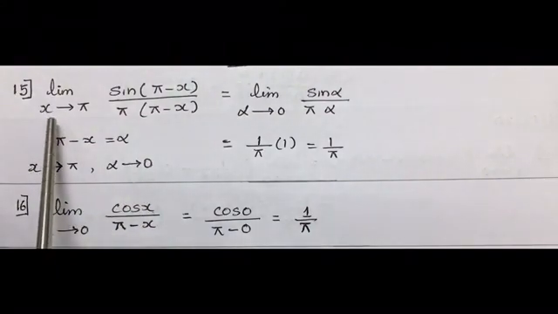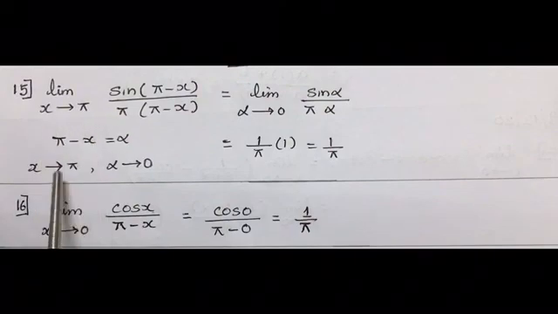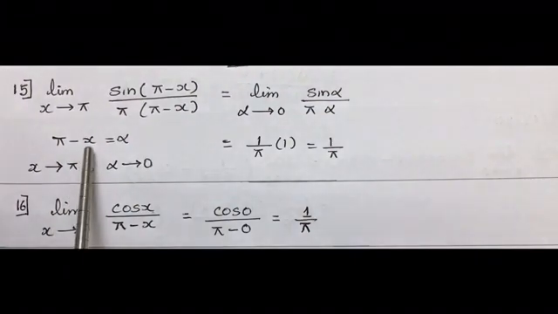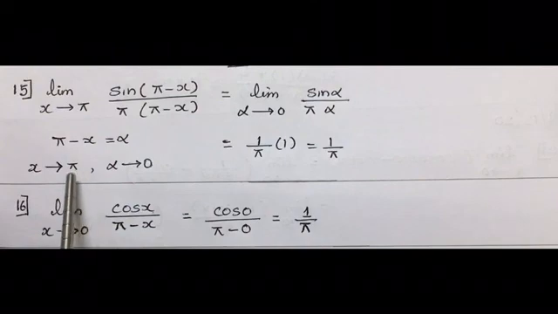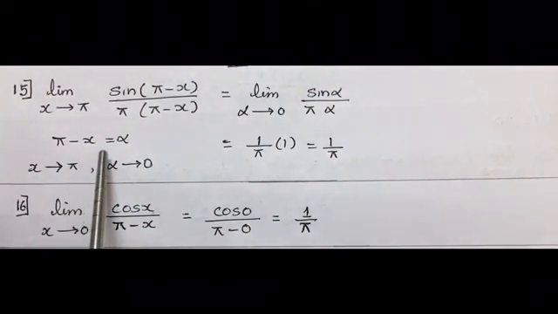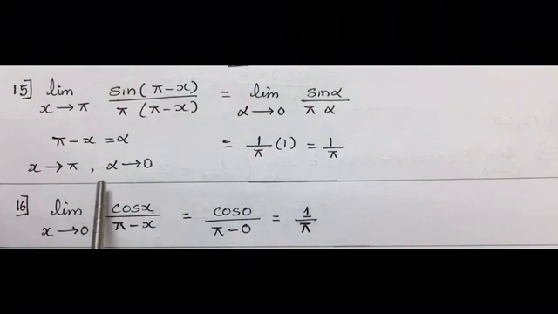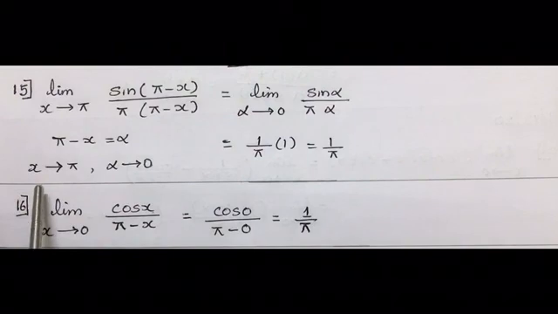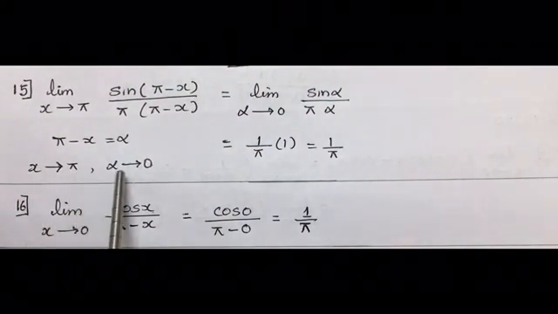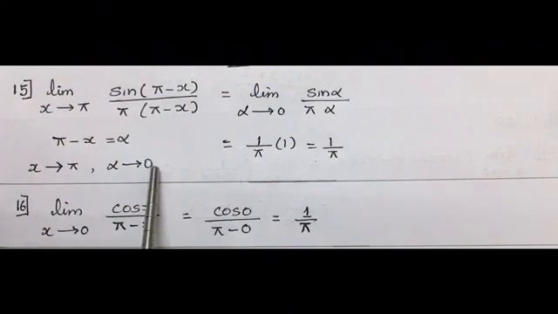So if x is tending to pi, that means in the place of x, if we keep pi, then pi minus pi will make it 0. So alpha will tend to 0. So if x is tending to pi, alpha will tend to 0.